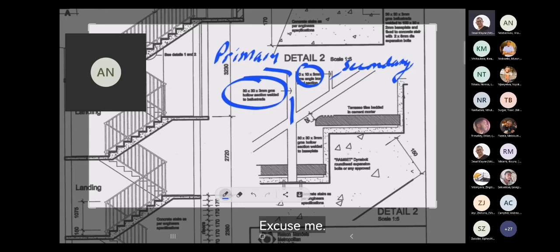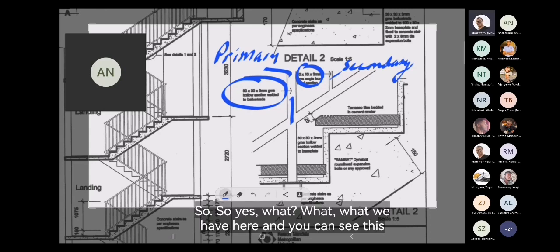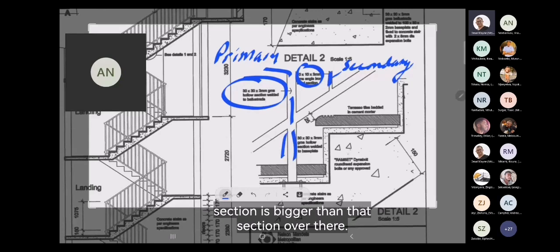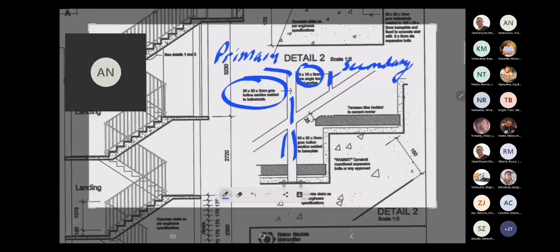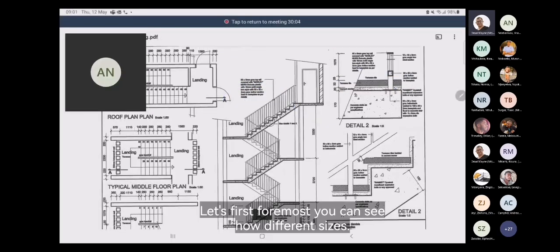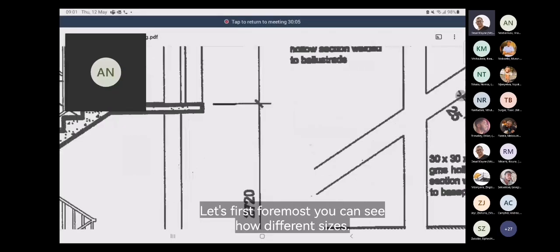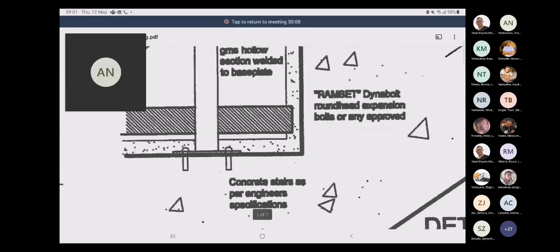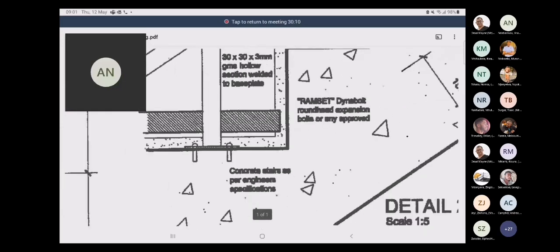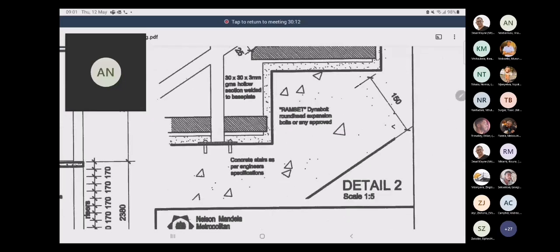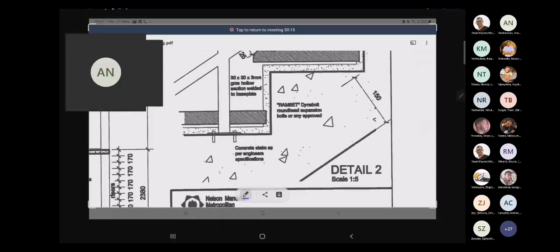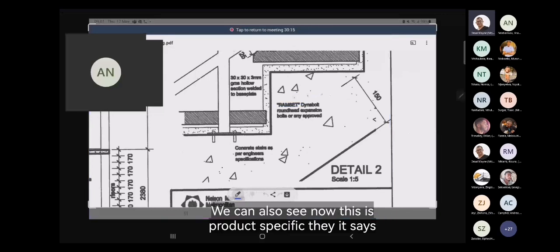Excuse me. So yes, what we have here, as you can see, this section is bigger than that section over there. First and foremost, you can see our different sizes. Also, we can now see, now this is product specific.